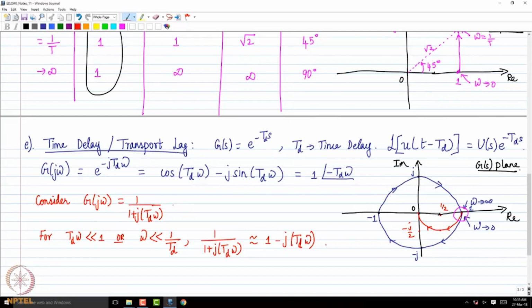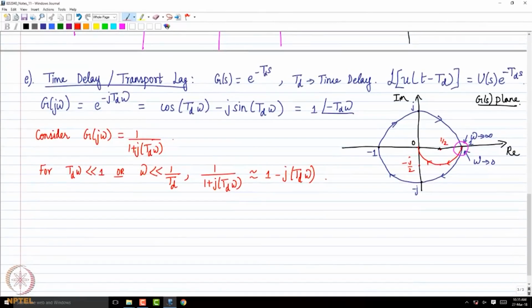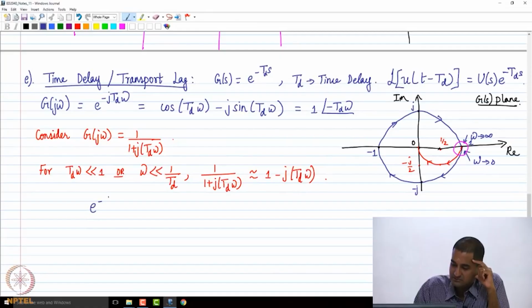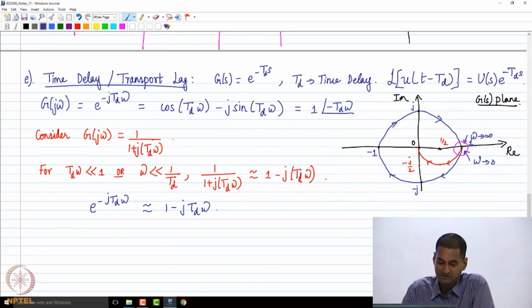Similarly, what can I say about e power minus j td omega? E power minus j td omega can also be approximated as 1 minus j td omega, for low frequencies.